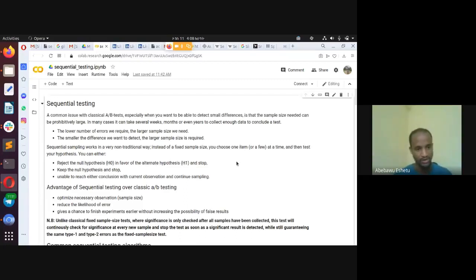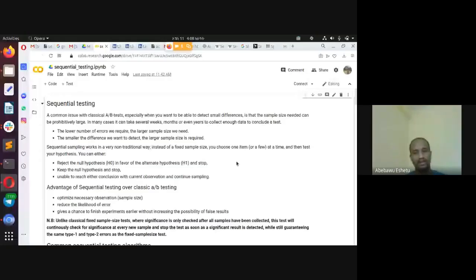So a few words about how sequential testing works and some of the algorithms behind it. The detail behind the testing procedure, or the mathematics, is for you to read more, as all the supporting materials are already included with the doc which is created for this week's challenge.